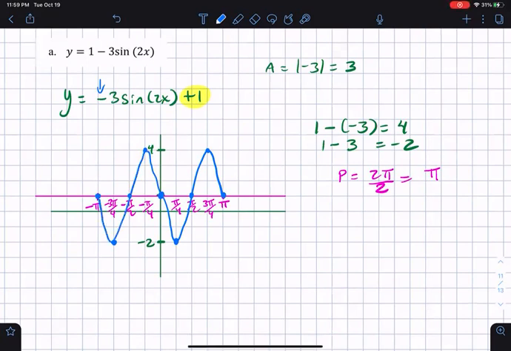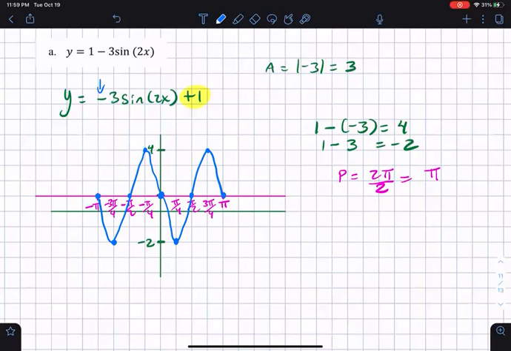Okay. So that's the second period. Now you're done. I mean, there's nothing else to do. You did a midline. You went up, down, and that's basically it. That's all you have to do.